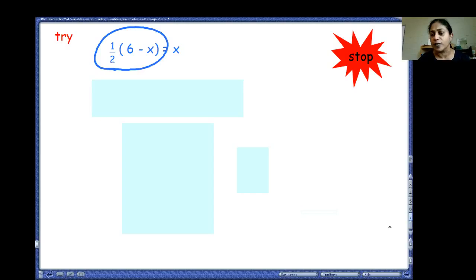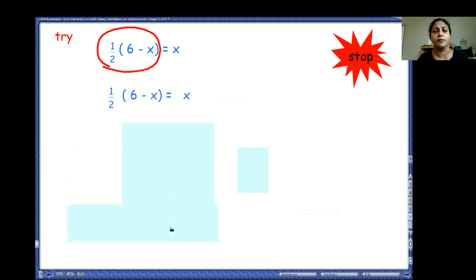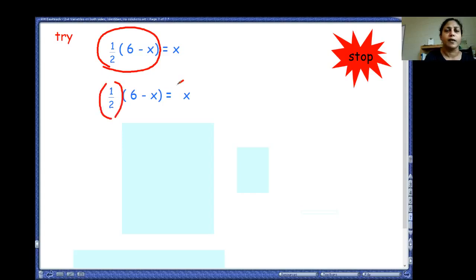Let me just clear that. On the left side, there is only one term, and in order to remove the half, do not distribute, but multiply by the reciprocal. And you are going to rewrite the equation. You're going to put parentheses around the half and the x.